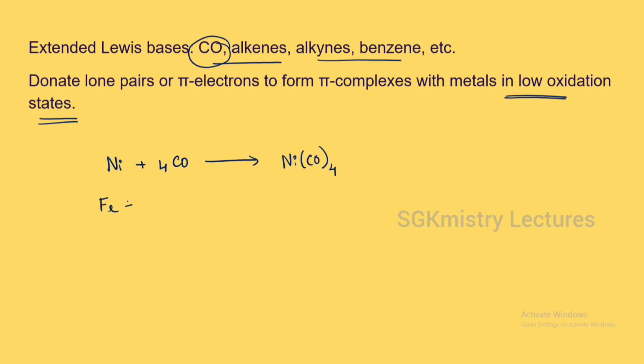Similarly, iron can also combine with carbon monoxide to form iron pentacarbonyl, right? Similarly, chromium with benzene can also form a complex, C6H6 twice, right? So here we have 2 benzene. So dibenzene chromium can be formed by the reaction of benzene with chromium.